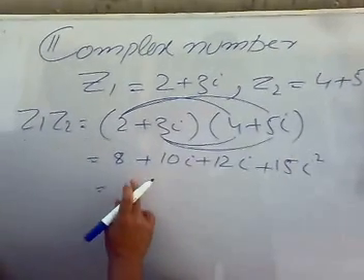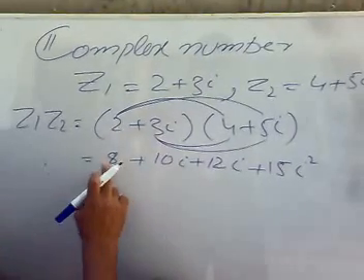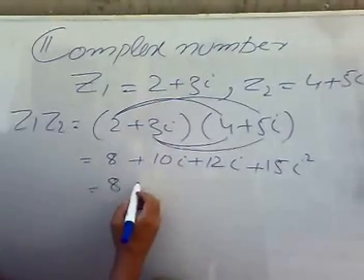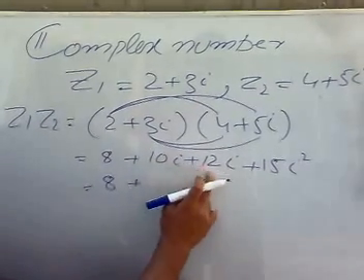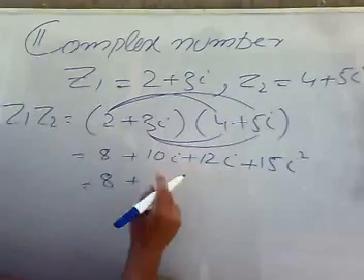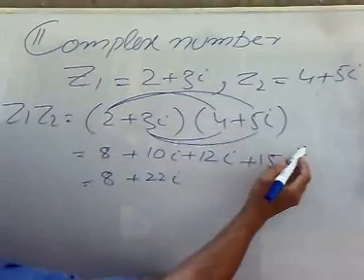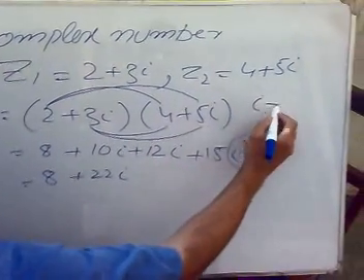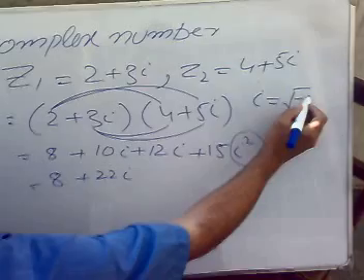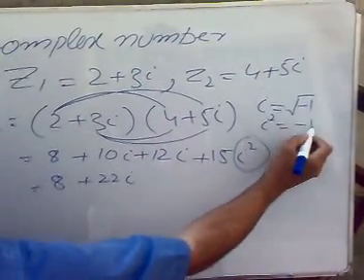Again here we will have two real parts and two imaginary parts. This is one real, 8, plus you can easily add these two because they are like terms. These are imaginary parts. That would be 22 iota. Here you have the value iota square. If we see, iota is actually root minus 1 and its square will be equal to minus 1.